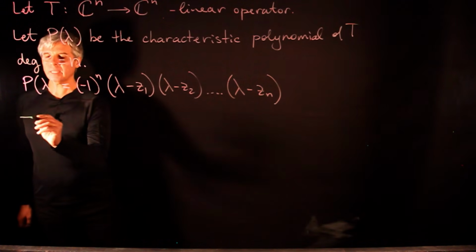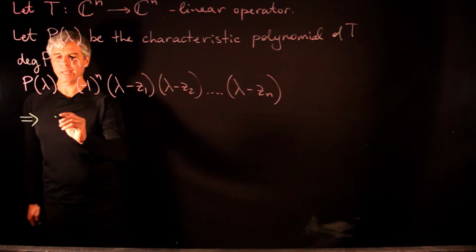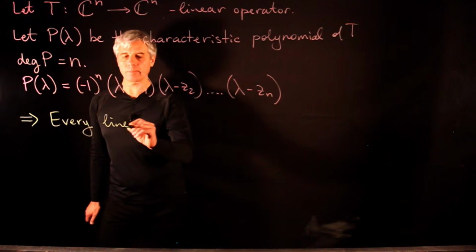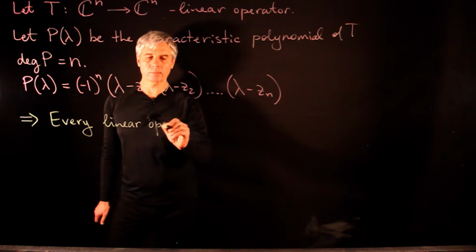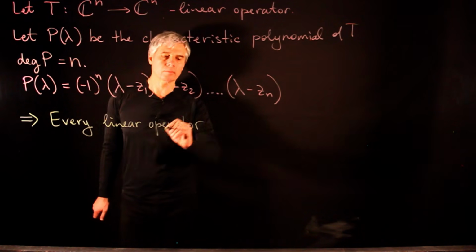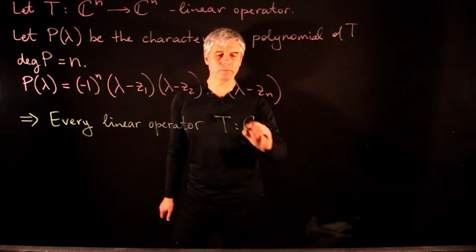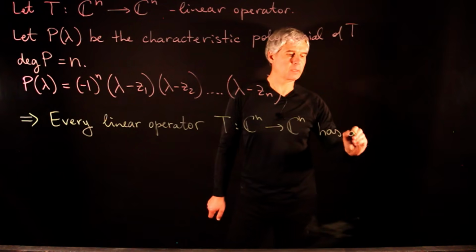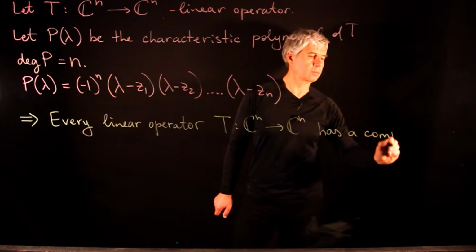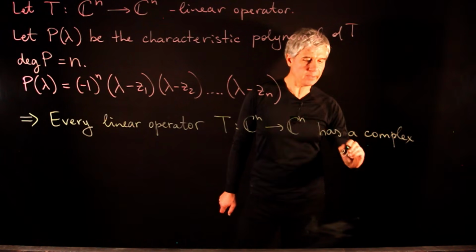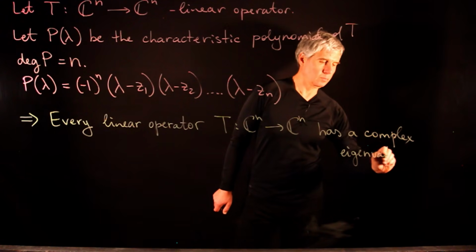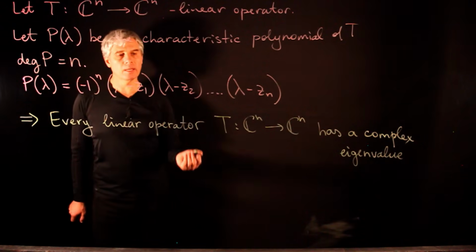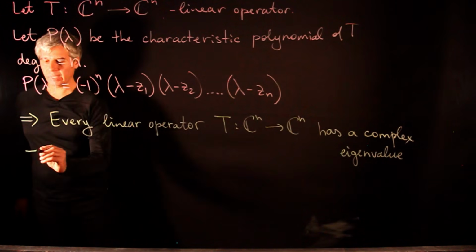So this tells us that every linear operator T from C^n to C^n has a complex eigenvalue. And we know that every eigenvalue guarantees us an eigenvector.